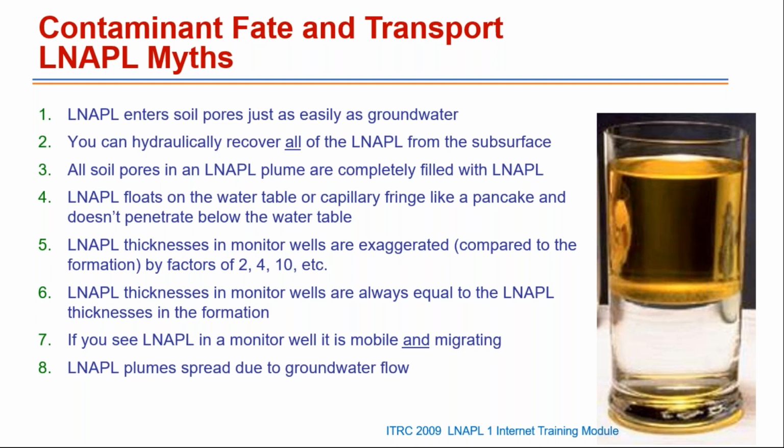And now also, LNAPL plumes spread with groundwater flow. Now, they spread based on the geology. So they look for the higher K zones, the higher permeable zones for the LNAPL. So what you can have is, as the water table goes down, the petroleum will travel through a certain layer in one direction, but as the water table comes up, it can go in a different direction.